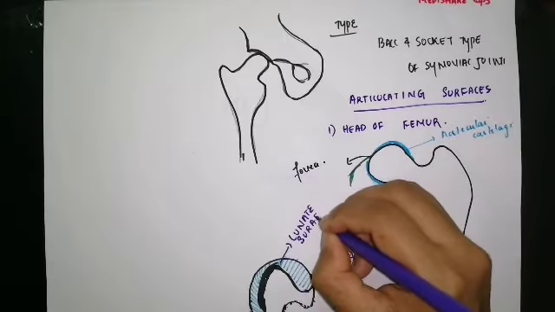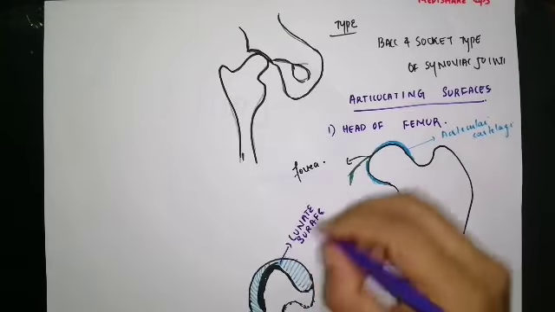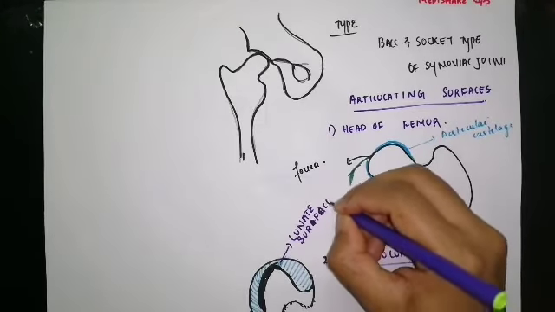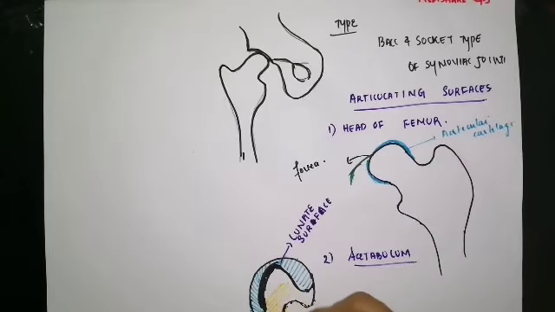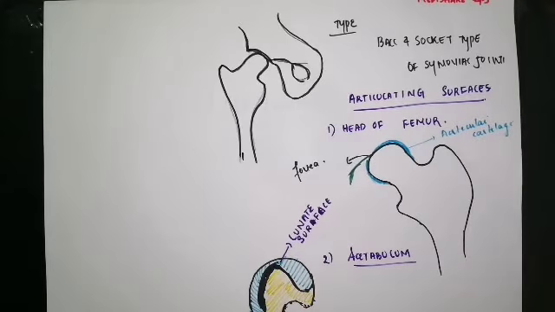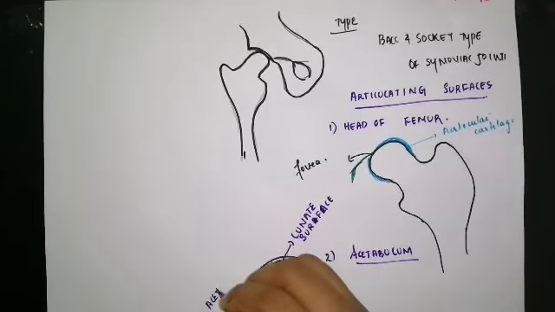The lunate surface, which is covered with the cartilage, is the articulating surface on the acetabulum. Now the remaining part of the acetabulum is known as the acetabular fossa.